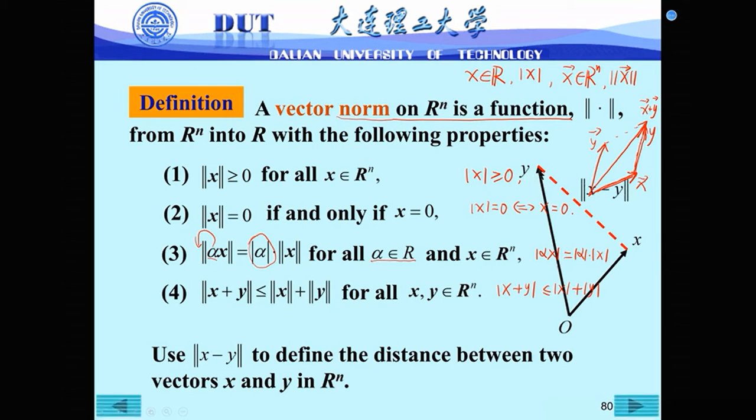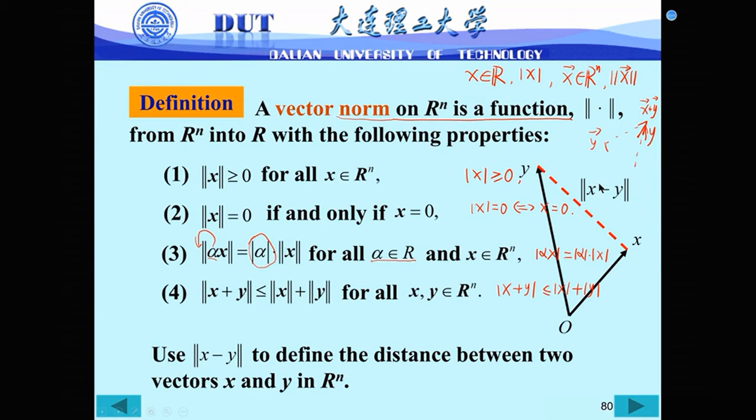The difference between x and y is this vector. Then we can use the norm of x minus y to define the distance between the two vectors x and y.